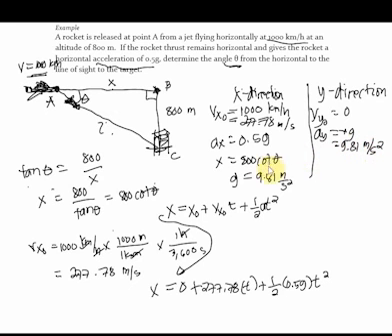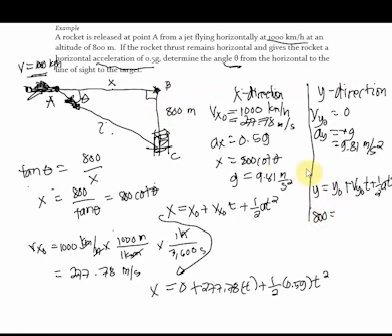Yan yung ay natin. Now, using the same idea, so yung y natin is equals to y sub O plus v sub y O t plus 1/2 a t squared. So, ano yung y natin dito? Y direction natin. Actually, yan yung y direction. Yung y natin is 800, no? So, that will be 800.